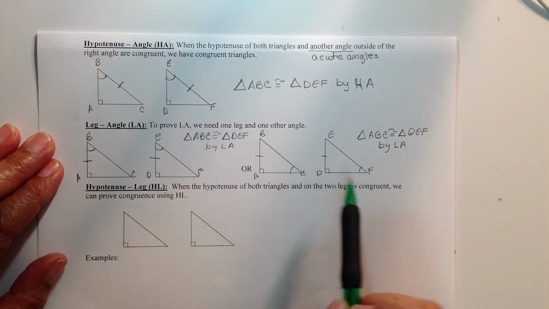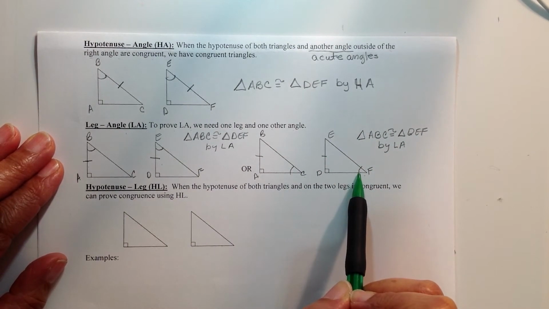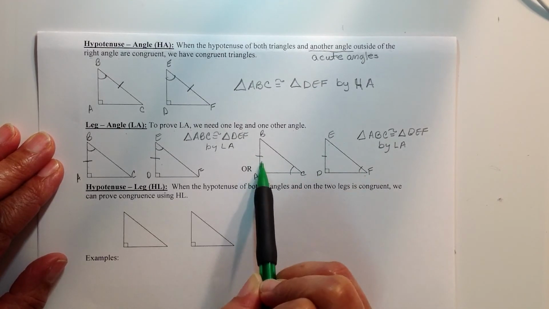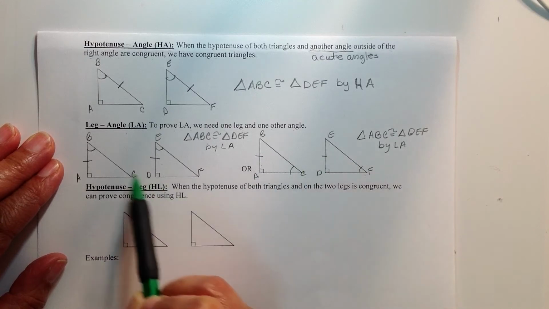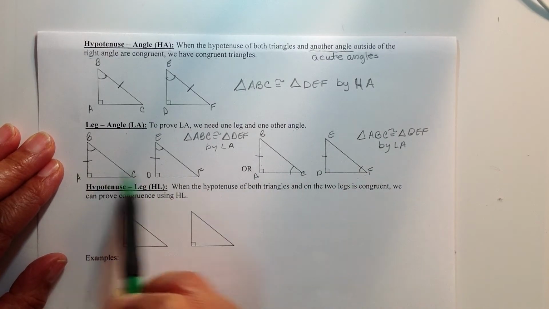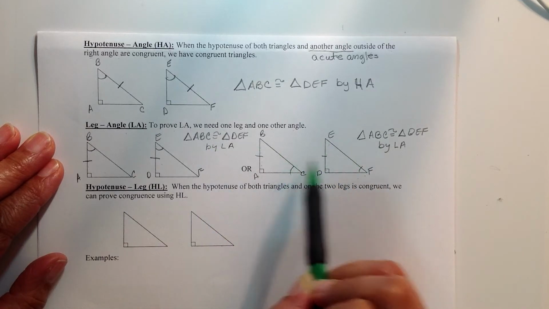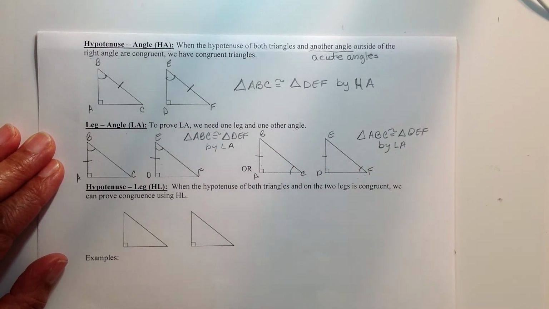So it doesn't matter whether the angle is adjacent to the leg that's congruent or not. In both cases, we can prove that these two right triangles are congruent by leg-angle.